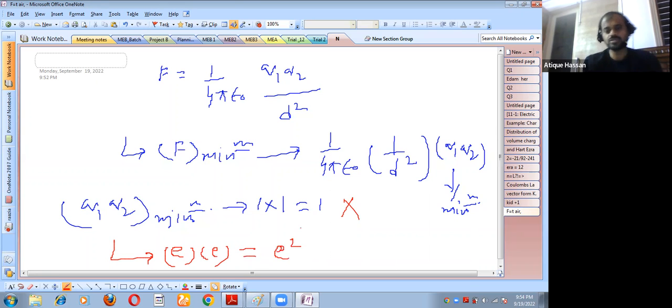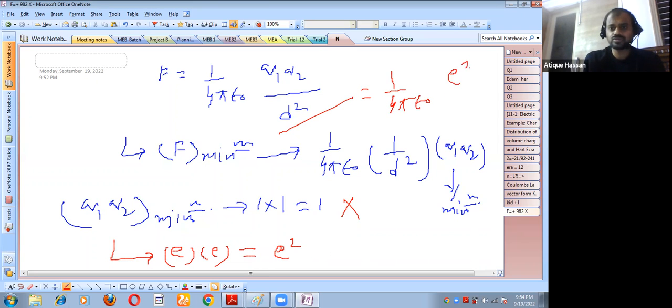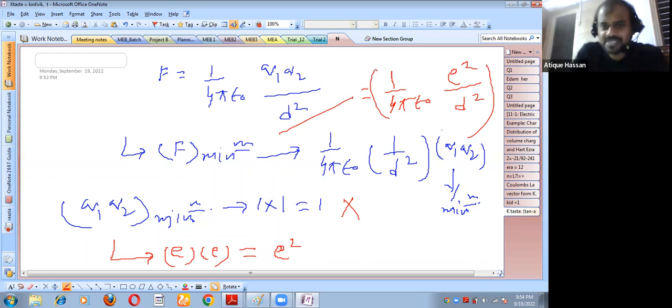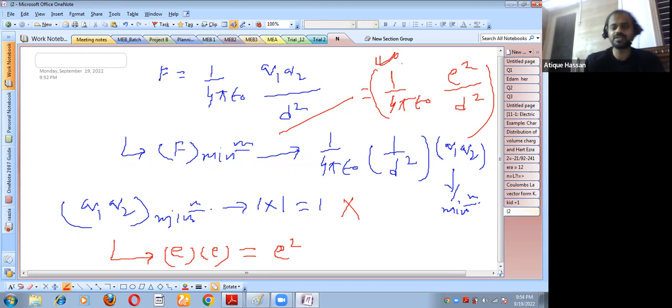The main concept is here. F minimum should be equal to 1 by 4 pi epsilon naught e square by D square. 70% of students make mistakes in this; someone will say 0, someone will say 1 by 4 pi epsilon naught 1 by D square, but basically it is that. Got it? Yes, sir.